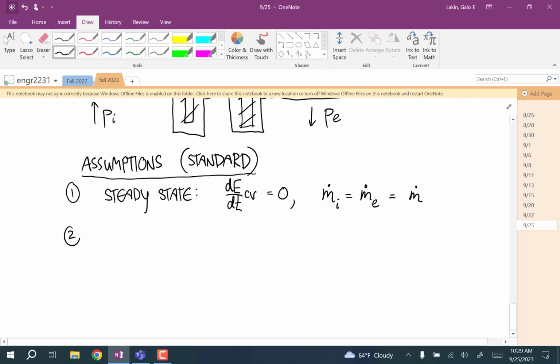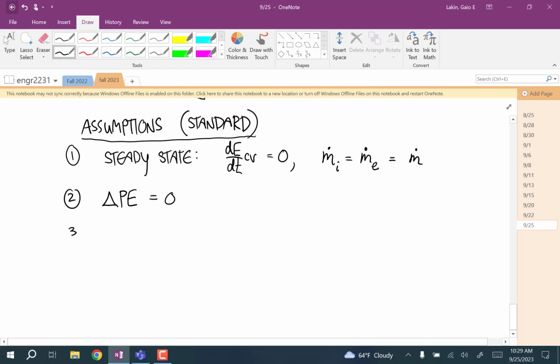Second, we'll assume that the change in potential energy is negligible. Third, we're going to assume that the change in kinetic energy is negligible, even though I was going to say that the fluid slows down, but actually it doesn't slow down. I think in a lot of cases it speeds up because of that pressure difference.